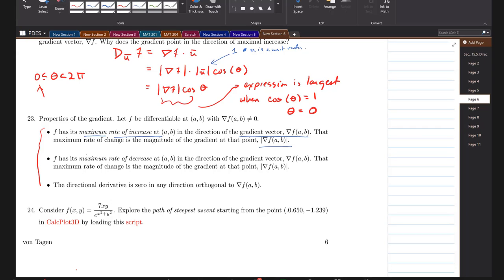And this should be your maximum rate of decrease. I'm sorry, folks, this should be the opposite direction of the gradient vector, which would be negative gradient f of (a, b).